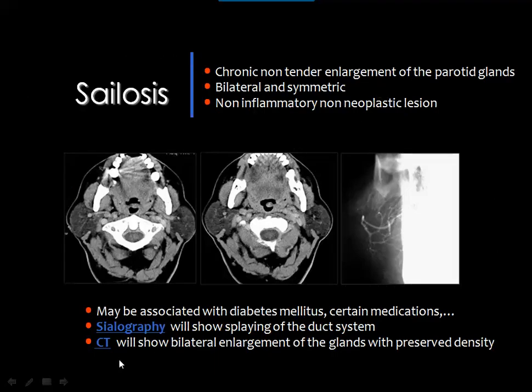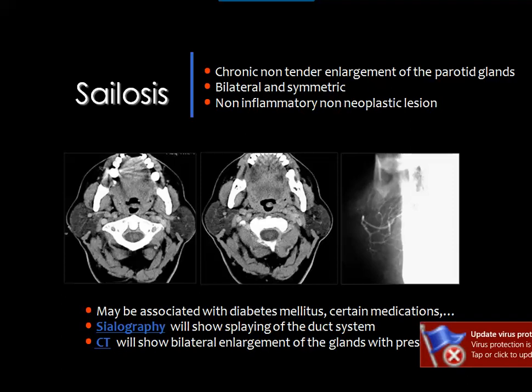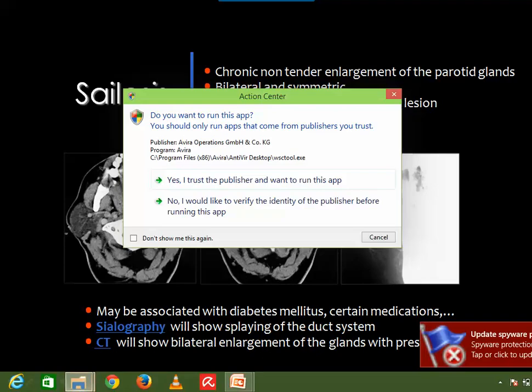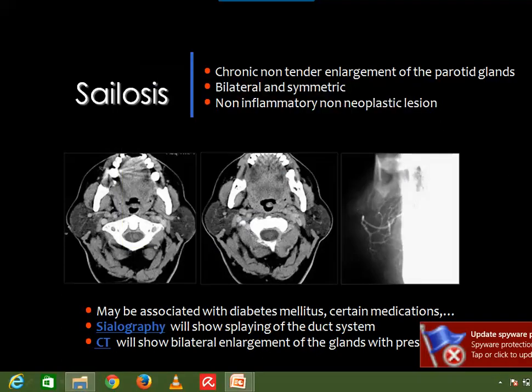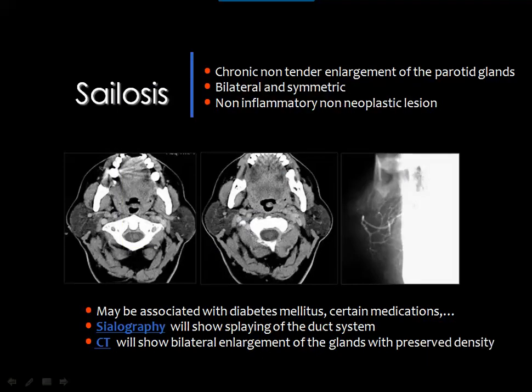Sialosis means benign symmetrical enlargement of the parotid gland having normal CT density with no evidence of inflammation. The subcutaneous fat is maintained. And this case is known as sialosis, which is chronic non-tender enlargement of the parotid glands.